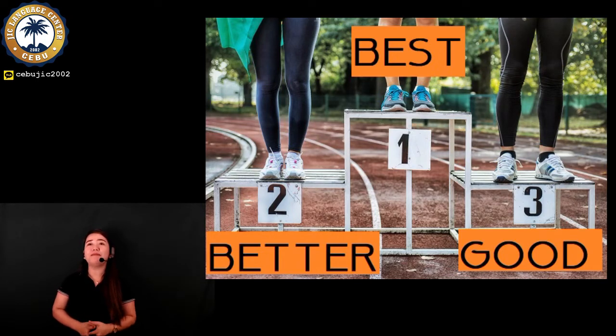The third player is good, the second player is better, and the first player is the best. Of course, he was the winner. Among the 3 players, rank 1 is the best.